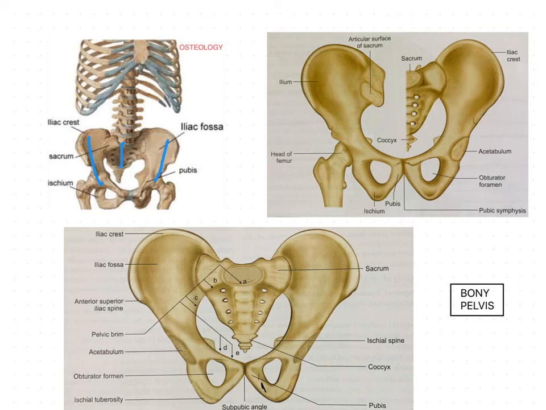Okay, now the first one is the greater pelvis. The greater pelvis is the expanded part of the ilia and its cavity is a part of the abdomen. This greater pelvis forms part of the abdomen. So this is the expanded part.